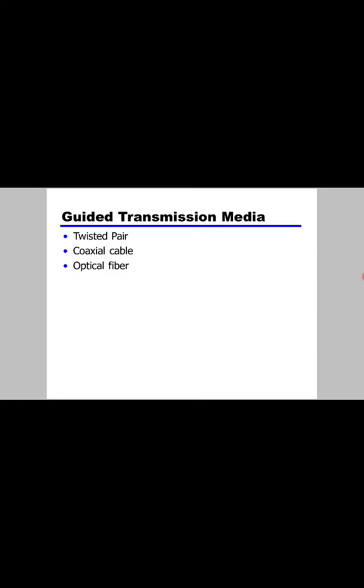Guided transmission media are of three types: twisted pair, coaxial cable, and optical fiber. Guided media means by using some wires or cables.